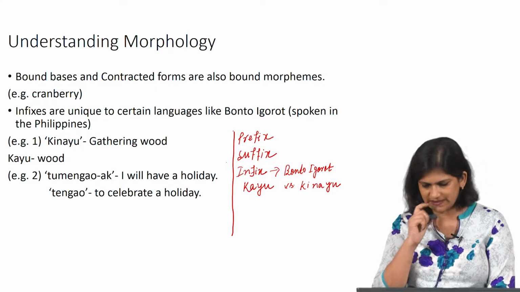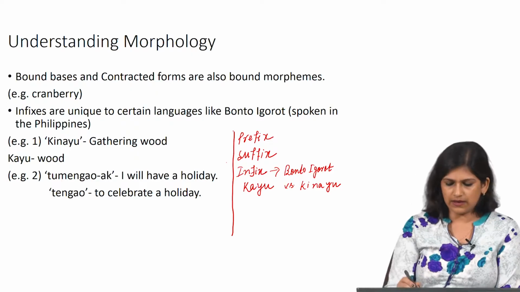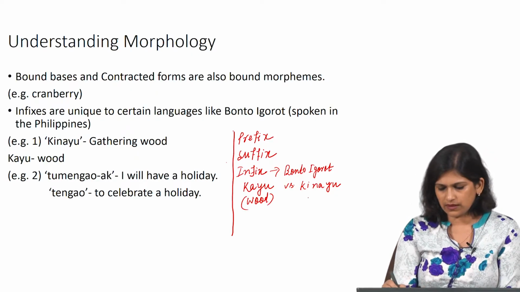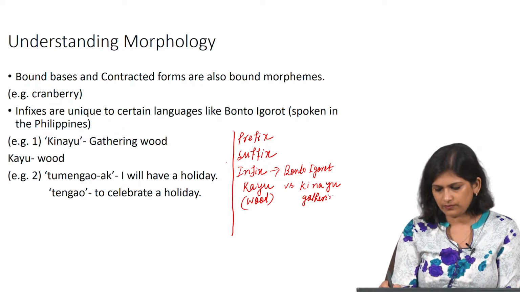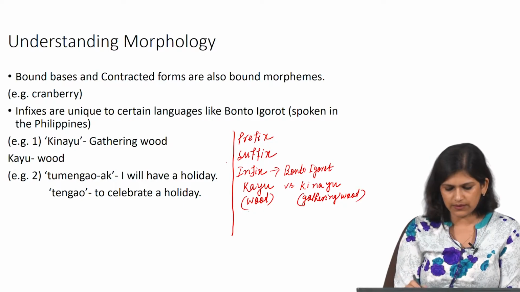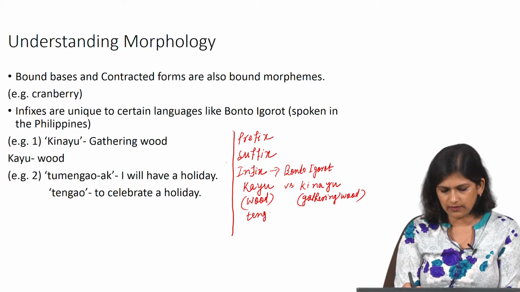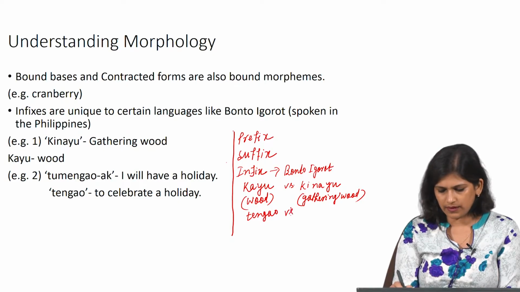So, kayu versus kinayu. Kayu means wood, kinayu means gathering wood. The two examples that have been given here are Tengao versus Tumengao.